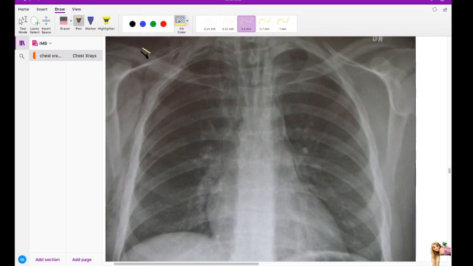What is this? And this. You can see different blackish spots coming in the middle, right?